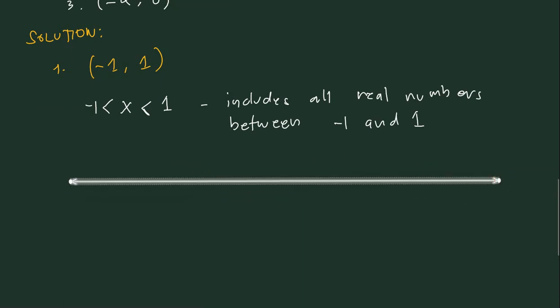Let's say this is 0, this is 1, 2, -1, -2. So to graph this, you simply do this like that. Let's make it thicker, and then draw a line here.